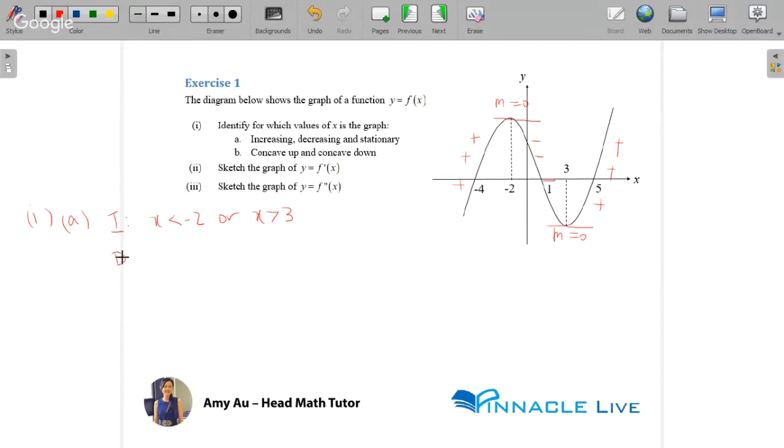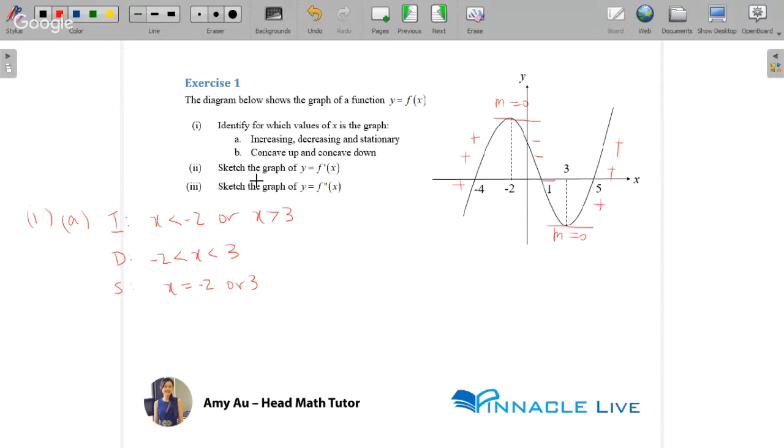It's decreasing in that in-between space, where I drew the little negatives. So x is in between -2 and 3. And then finally, you've got stationary at those points. So stationary at x is equal to -2 or 3. I'm going to skip over concavity. I'll do that together with the third part.